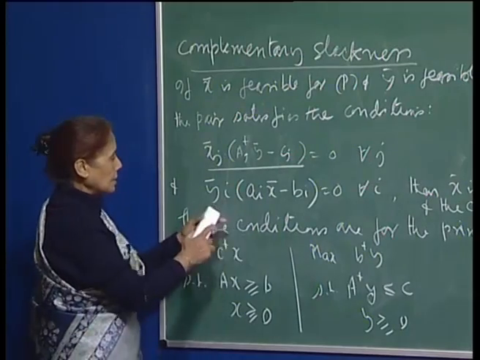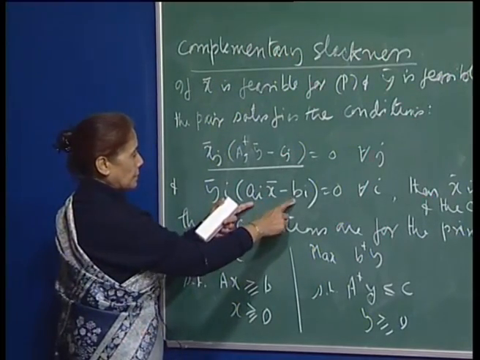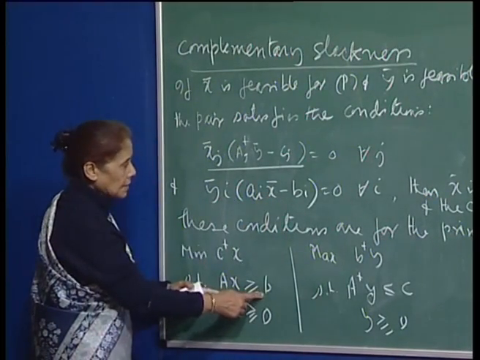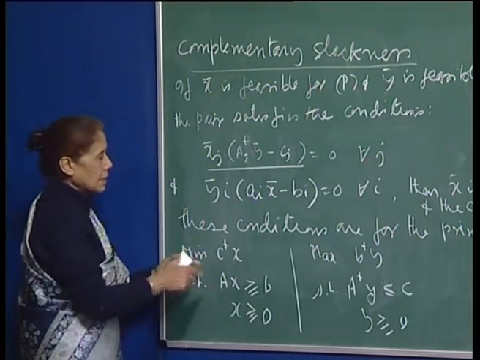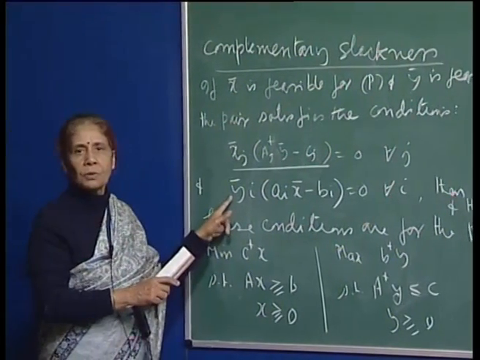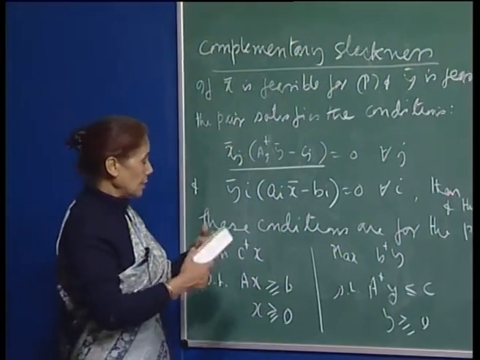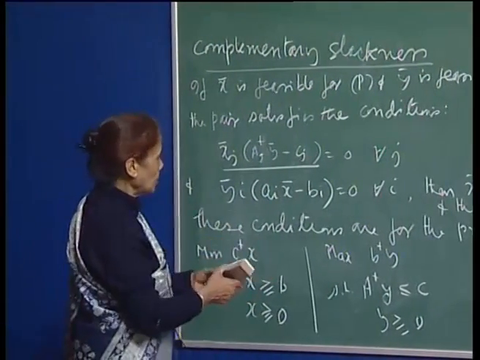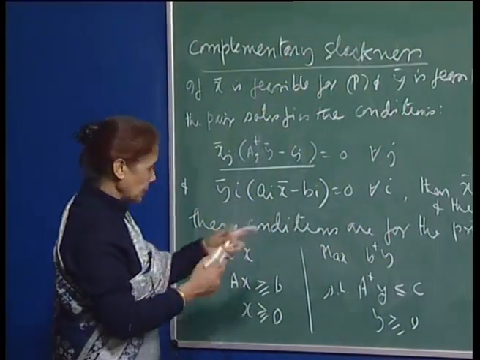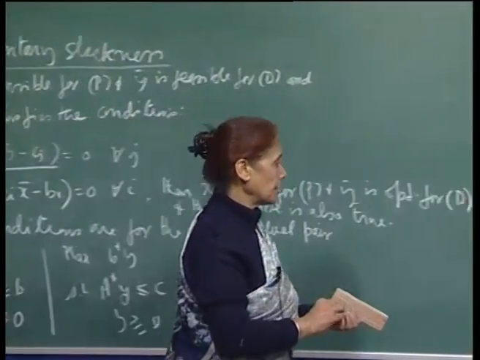And similarly here, if the corresponding primal constraint is satisfied as strict inequality, then the dual variable must be 0. I will come back to the economic interpretations of these conditions, but first let us just quickly prove the result.